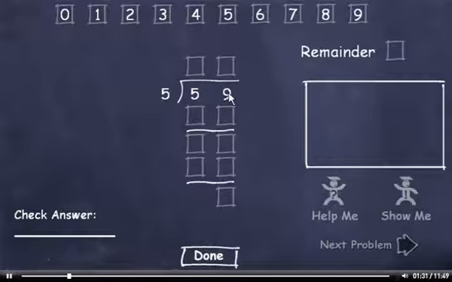59 divided by 5. 5 goes into 5 one time. 1 times 5 is 5. 5 minus 5 is 0.